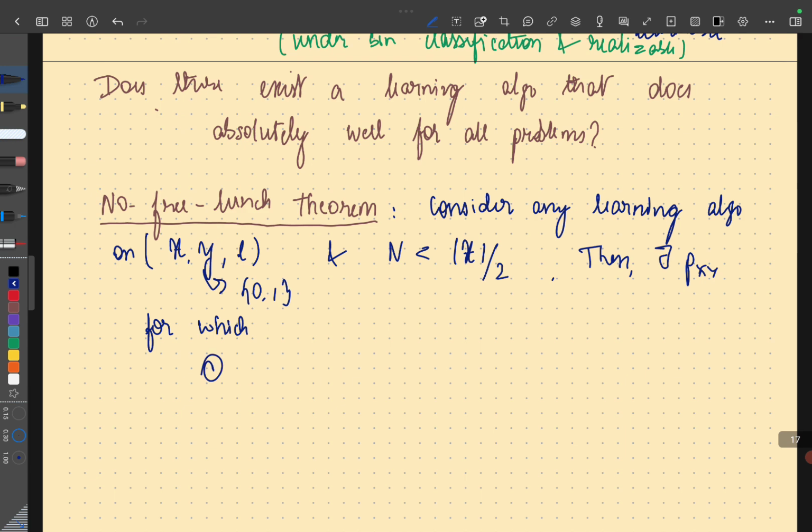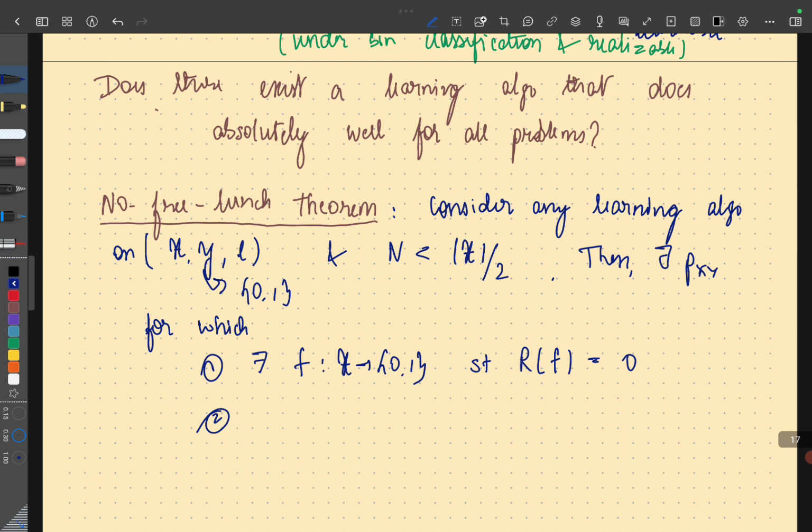One is that there actually exists a function f from X to {0, 1} for which the risk is equal to 0.